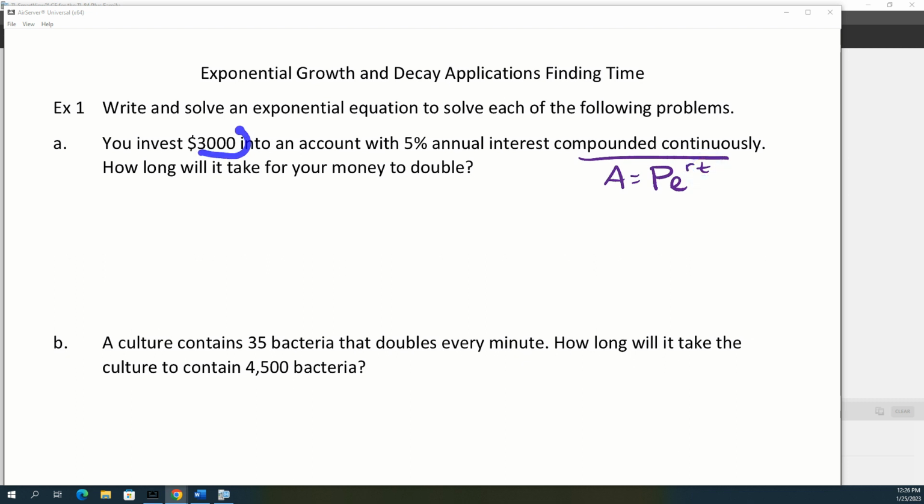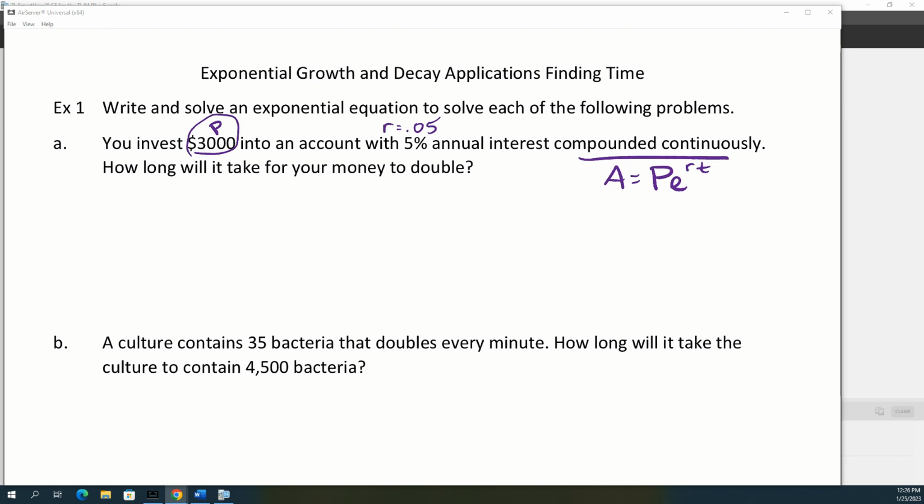So what is this 3,000? Is it A, P, or r? P. Good. That's the initial investment always. If the interest rate is 5%, what is that as a decimal? 0.05.